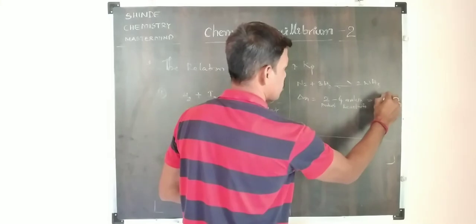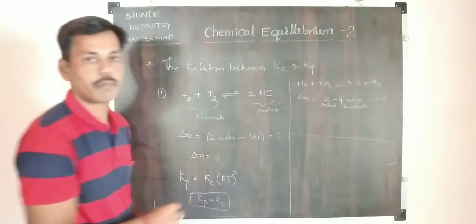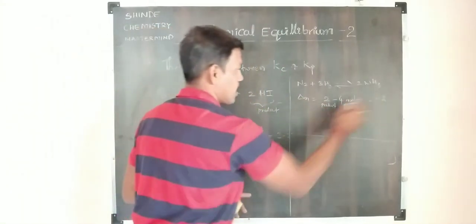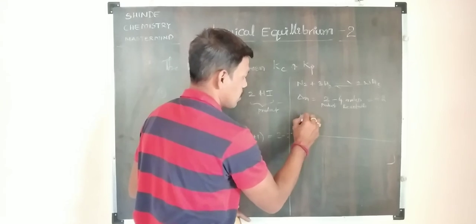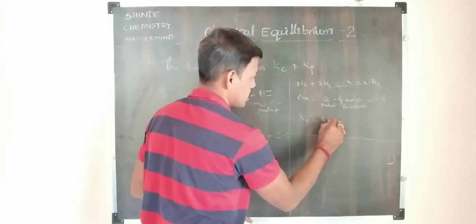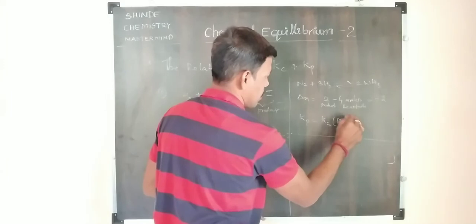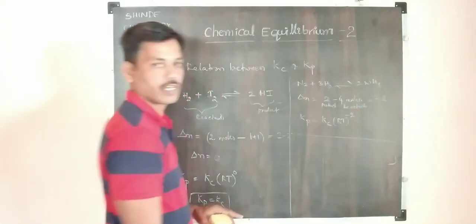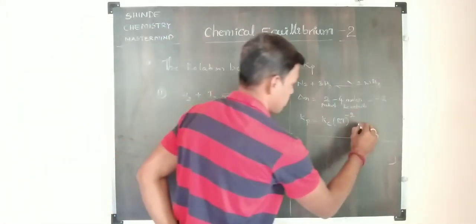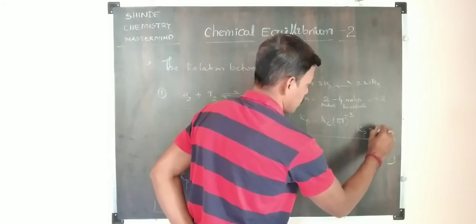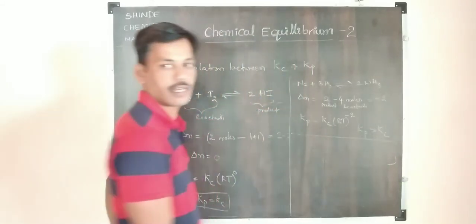So we get minus 2. The delta n value is minus 2, so Kp is equal to Kc (RT) to the power minus 2. So here Kp is greater than Kc.